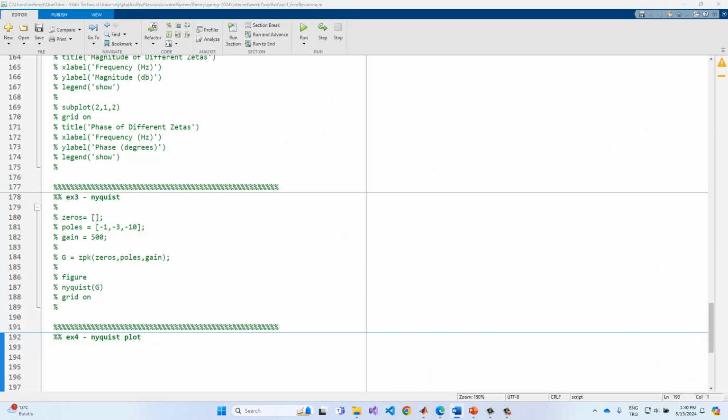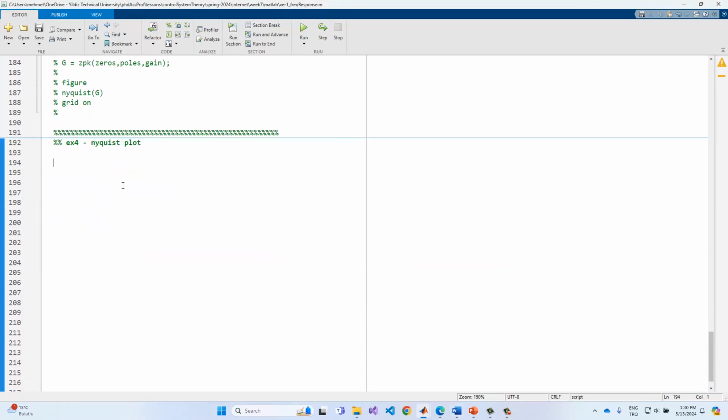We must go to the Nyquist plot examples. K is equal to 1. Okay, and numerator with the K, and denominator is equal to 1, 8, 15 and 0.